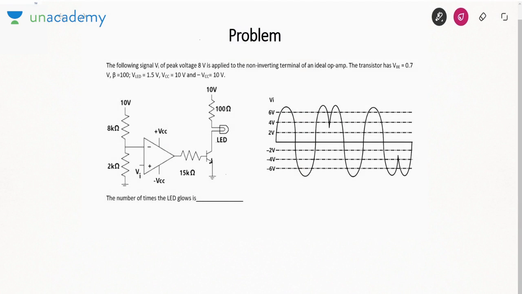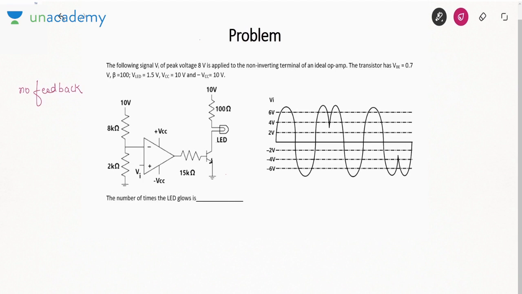Next problem. The following signal Vi has a peak voltage 8 volt. It is applied at the non-inverting terminal of an ideal OPAMP. Transistor has VBE equal to 0.7, beta equal to 100, LED voltage 1.5, VCC 10 and minus VCC minus 10. Now see, there is no feedback in this circuit.